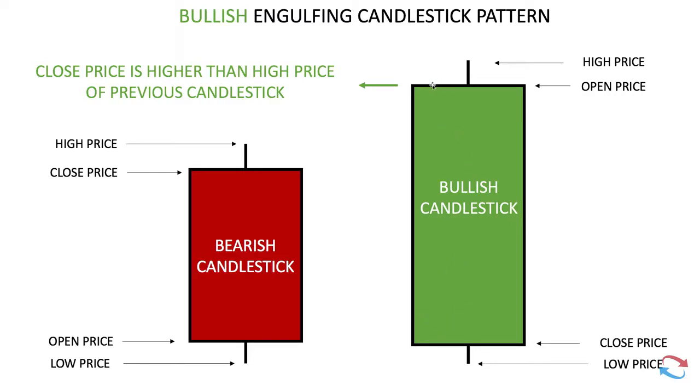And for the engulfing candlestick to qualify as an engulfing candlestick, the close price of the second candlestick must close above the high price of the bearish candlestick, the first candlestick. And the reason why is because that gives a strong indication that price is reversing.